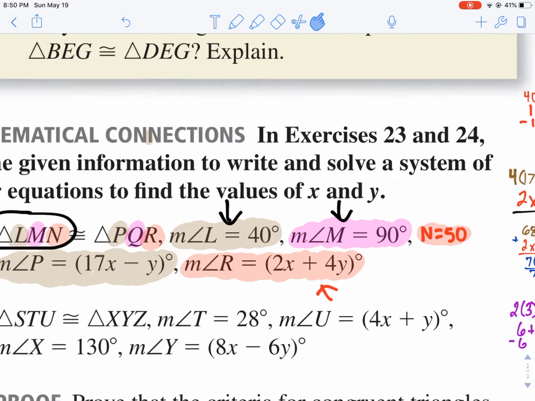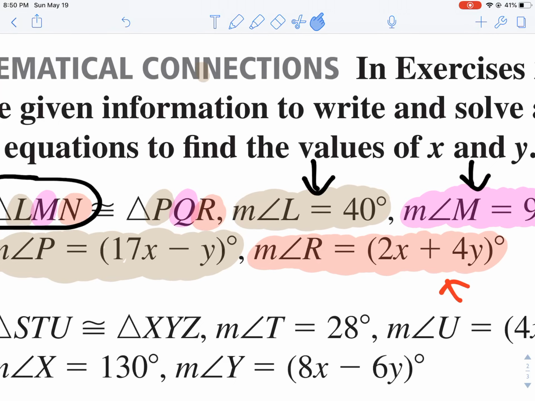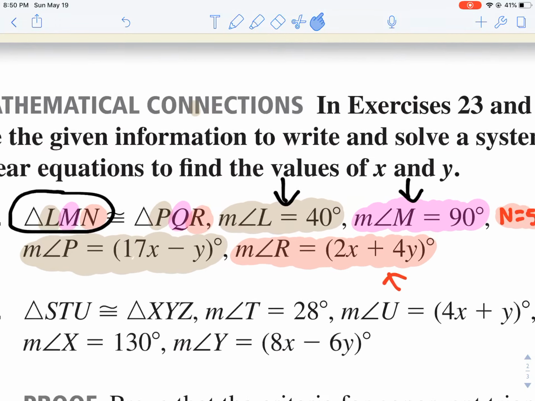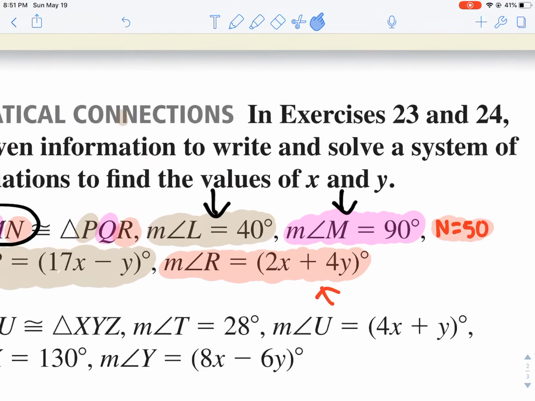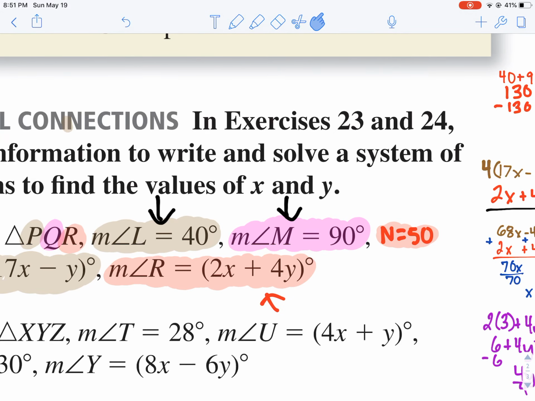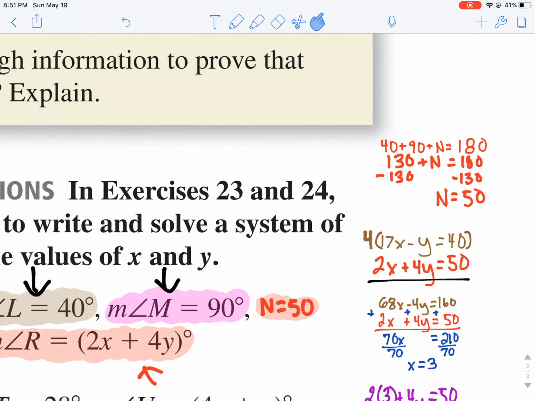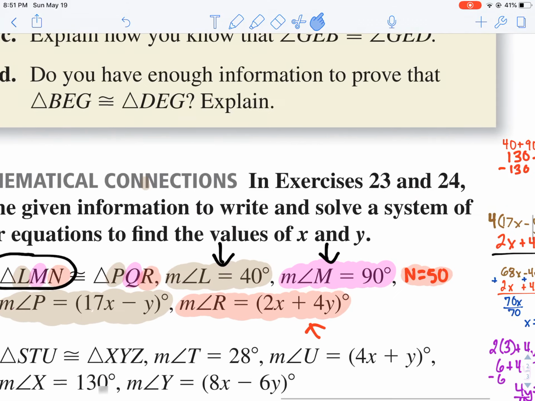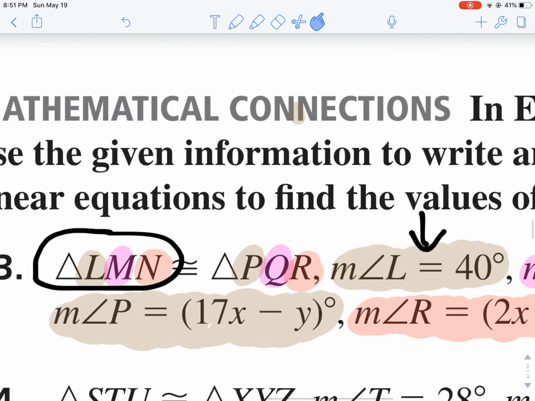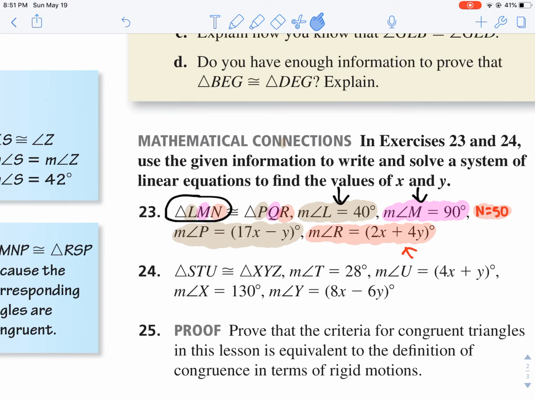As you can see, it's a little tricky, but if you start out by color coding the angles that are congruent to each other, and then finding out anything that's missing, like in this case, I was given L and M, I wasn't given N, but since there were just two angles, I knew they had to add up to 180, and just set up 40 plus 90 plus N equals 180, allowed me to solve for N. And then I was able to know that N and R were congruent to each other based on this statement. N and R. So hopefully this helps you with number 24.